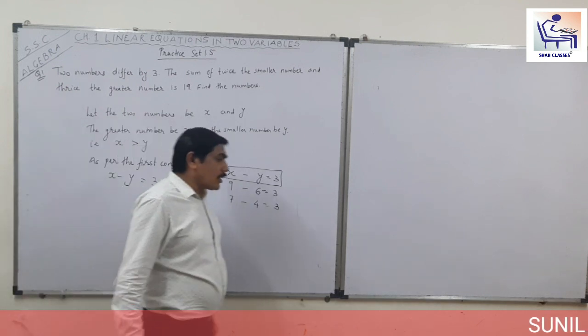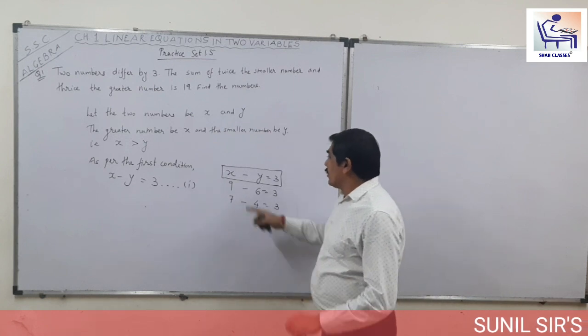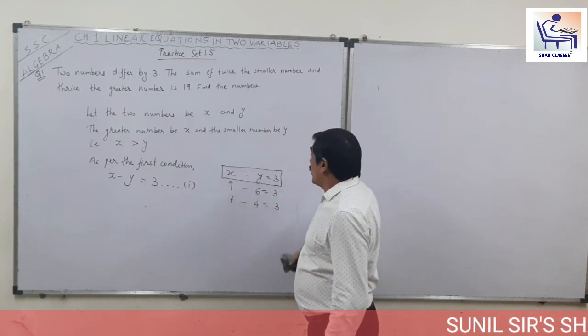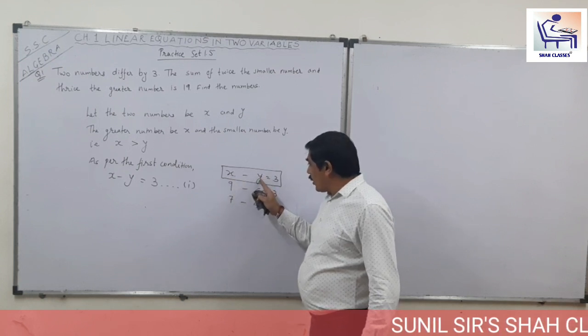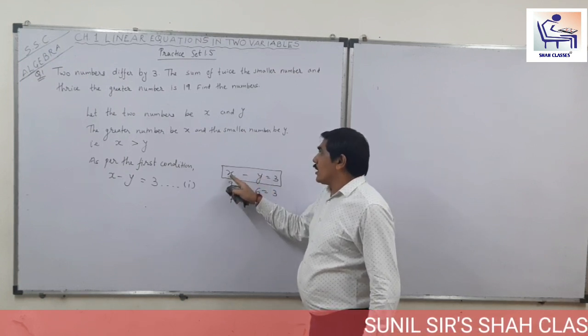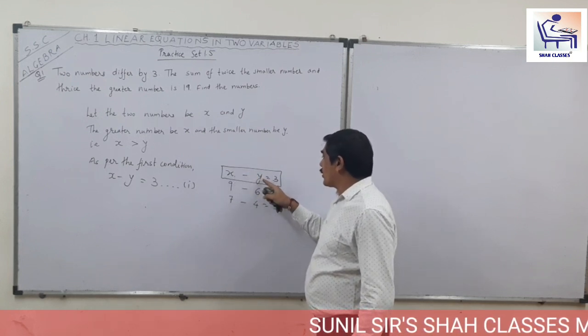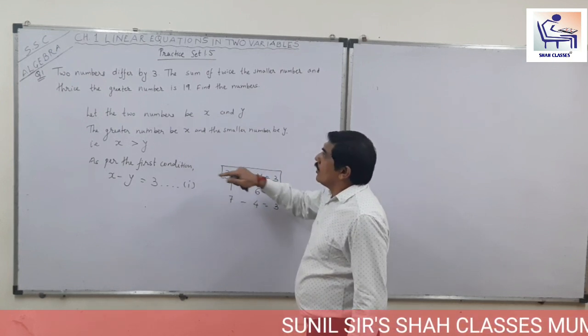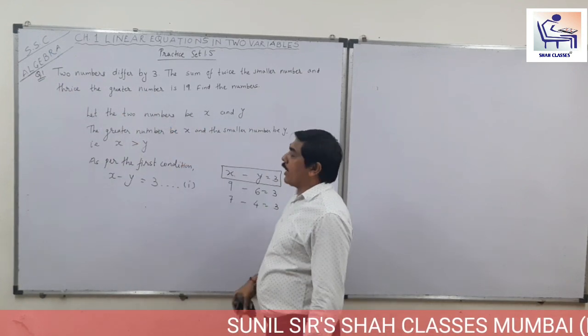So हमें first condition मिल गई है. Already I explained you, please remember the difference between two numbers is 3. So I am just reducing the smaller number from the greater number. So greater number minus smaller number is equal to 3. That I am getting from this line: two numbers differ by 3.